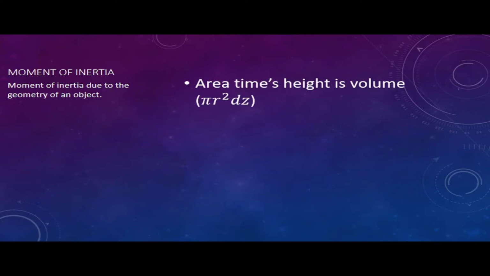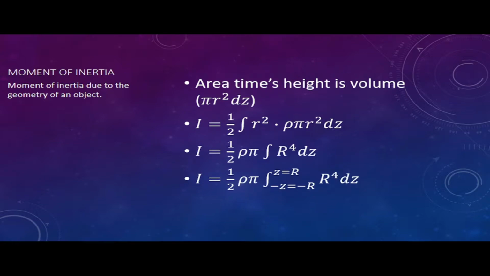The area times height is the volume, which is pi r squared dz. So the formula will look like this, and we put all the constants outside. And r squared times this one is r to the fourth power. Then we have to integrate from negative r to positive r.